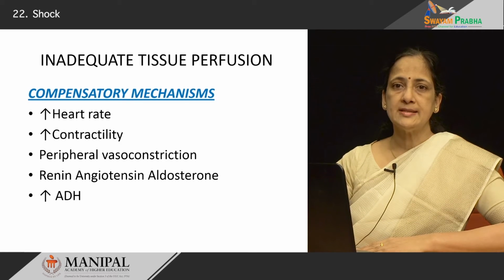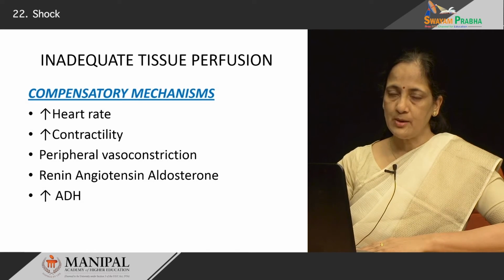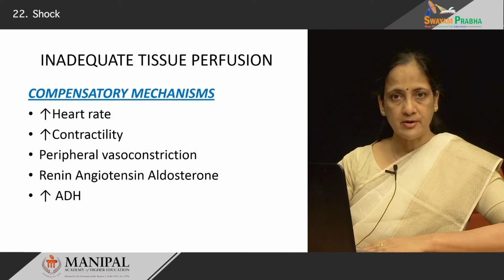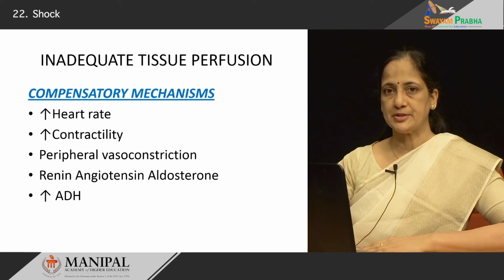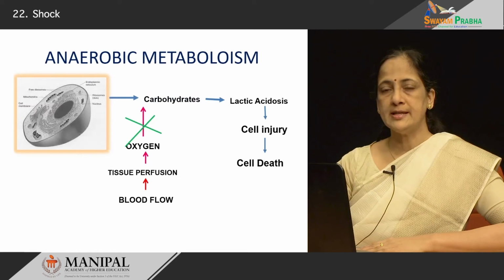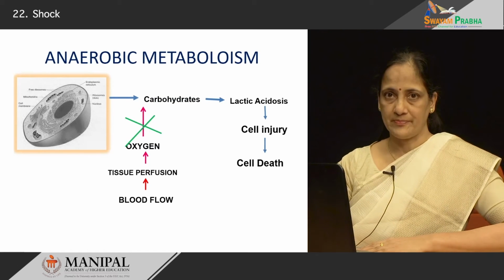The renin-angiotensin mechanism is brought into play, which ensures sodium and water retention, thereby increasing the fluid component in the vascular compartment. Similarly, the action of antidiuretic hormone causing sodium and water retention.